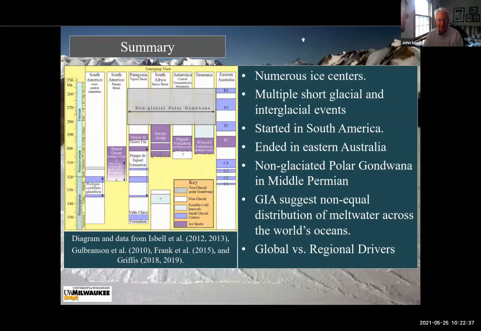I think glaciation is more complex, more continuous than that. There appear to be glacial and non-glacial intervals that you can correlate over long distances. And I think Neil Griffiths will probably talk somewhat about that on the last day, looking at the Paraná Basin and the Karoo Basin.